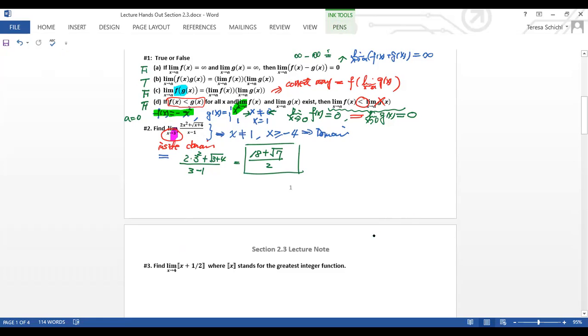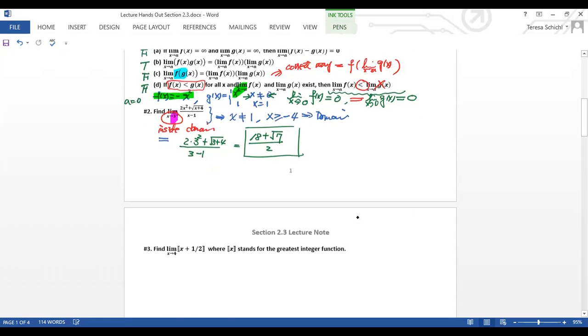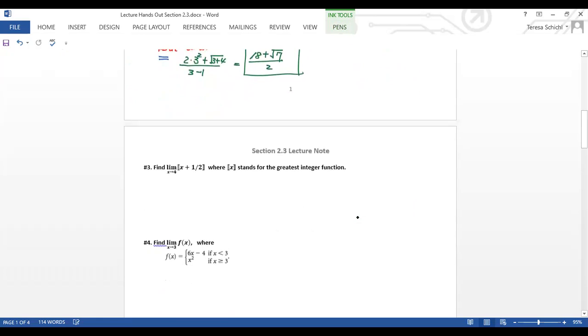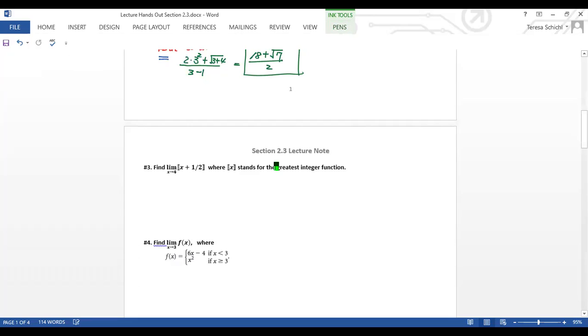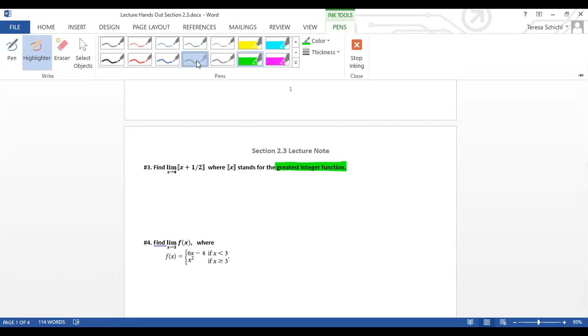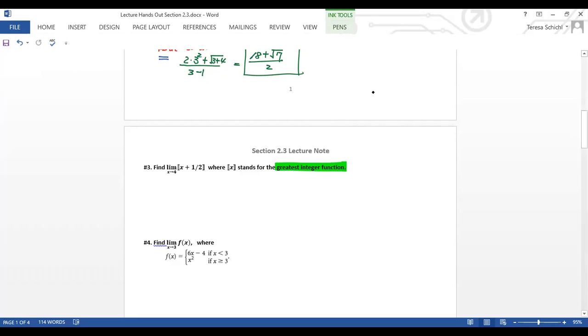All right. Okay, so now let's take a look at problem number 3 and practice. This function is the greatest integer function. That means, whatever the value inside, you find the largest integer less than or equal to it.